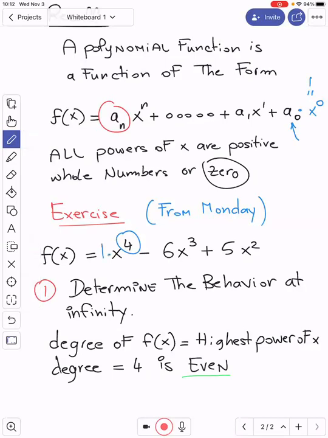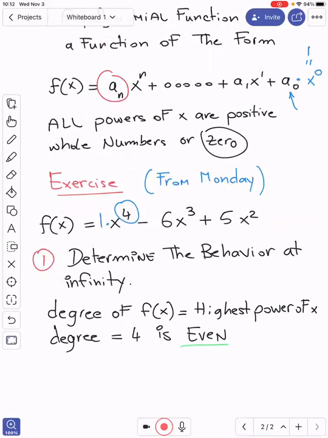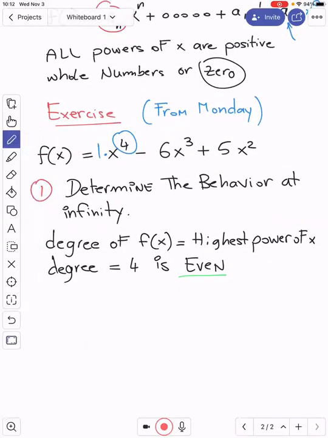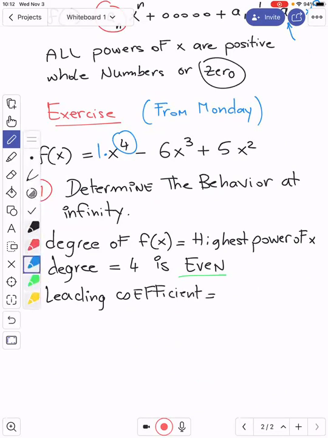So my leading coefficient in this case is equal to 1. Again, that is the number in front of the highest power of x. All right, so 1 is a positive number.